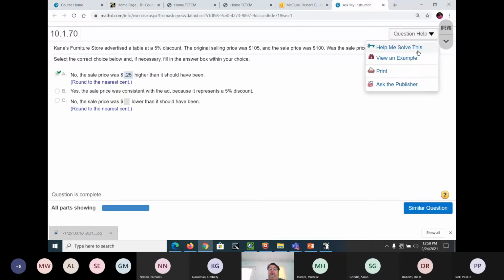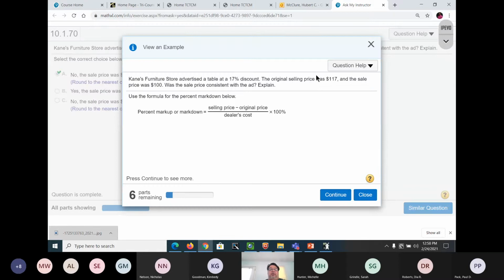What gets me is this formula. After they go through this formula, the original price and the dealer's cost is the same thing. You don't make a formula with 2 different variables the same number. And I don't think 117 is the dealer's cost.